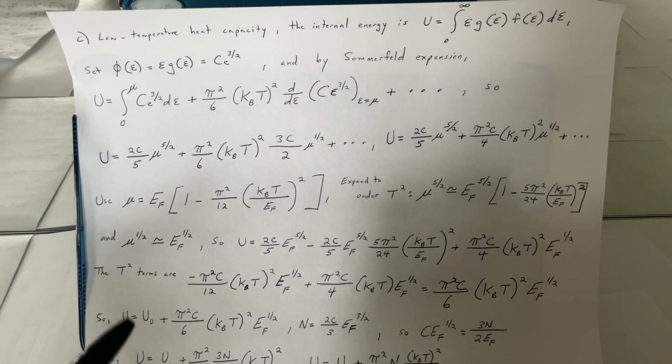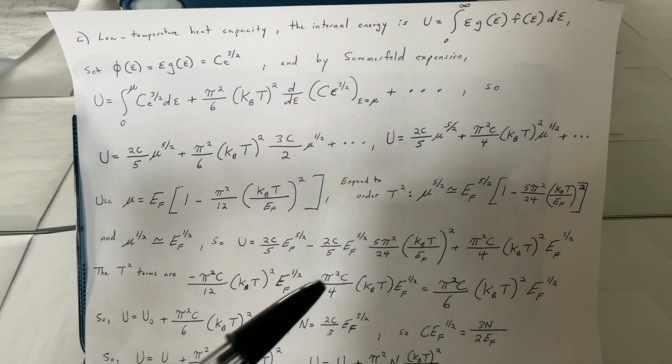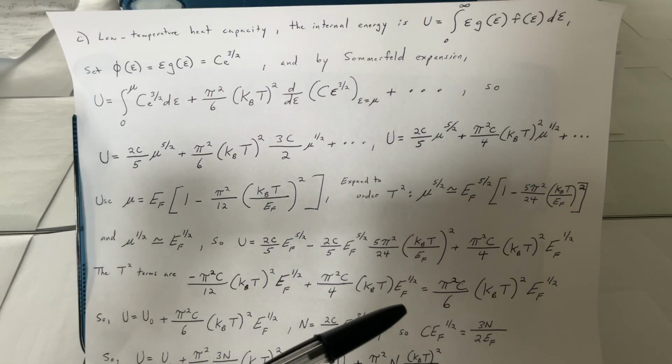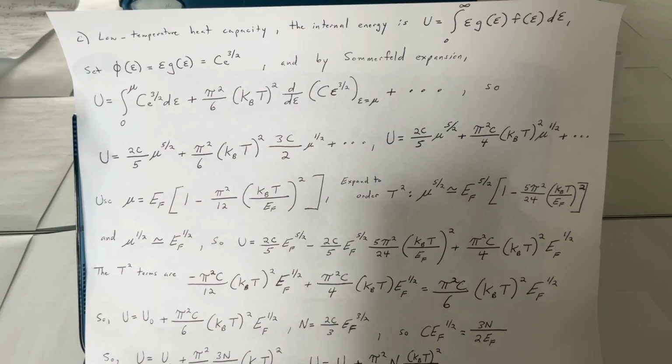Okay, so now the T terms are negative pi squared c over 12 times (k_B T) squared E_F^(1/2) plus pi squared c over 4 (k_B T) squared E_F^(1/2), that equals pi squared c over 6 times (k_B T) squared E_F^(1/2).